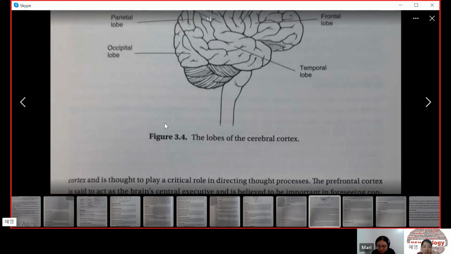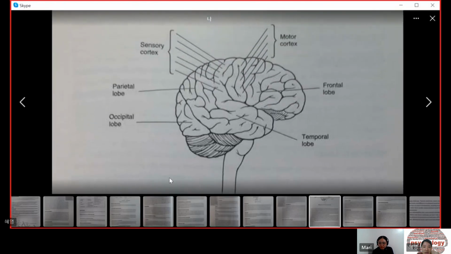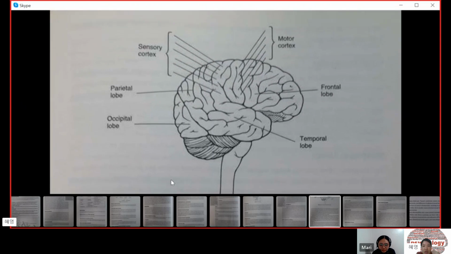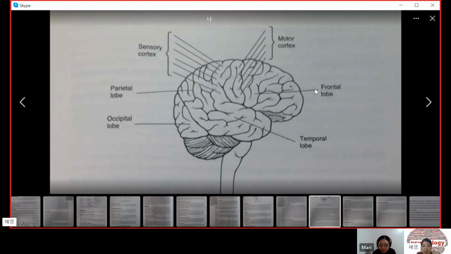So let's look here. This part is the frontal lobe. Your eye is here, and then back from the top of the eye, there are the frontal lobes.